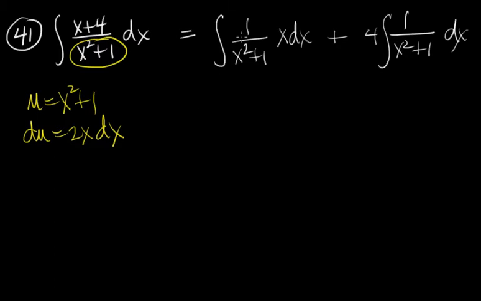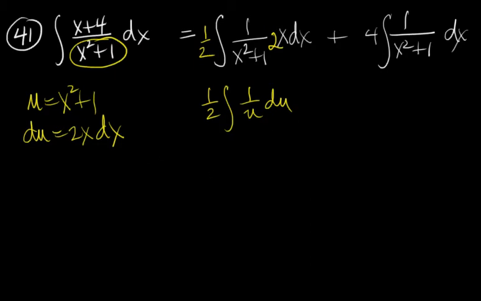And here this is 1 over u, and we need just a 2. So I can supply the 2 here and a 1/2 on the outside. And what I have here is 1/2 the integral of 1 over u du.